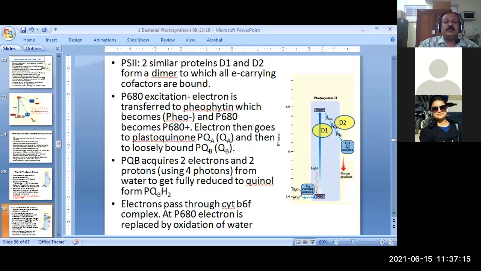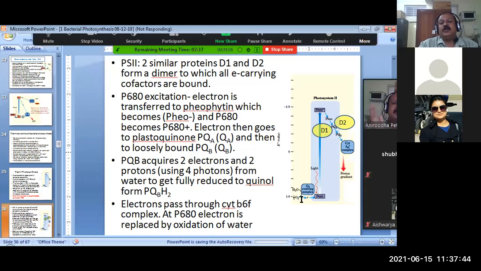So when these 2 electrons are acquired from water, then this quinol, PQA plus PQB together, is called a quinol. That quinol will be completely reduced only when both the electrons are acquired. Remember this. Only when the quinone molecule becomes completely reduced will the electrons be passed on to the next component, cytochrome B6F.